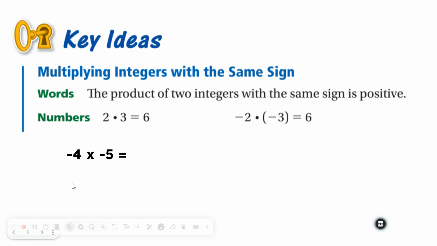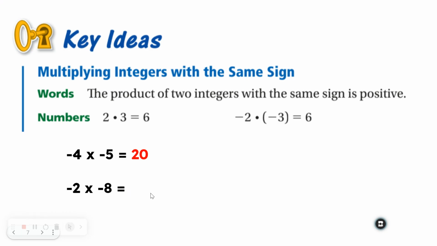Anytime we are doing multiplication and all of the numbers have the same sign, my answer will always be positive. If I have -4 times -5, I want to look at this as 4 times 5, and I'm going to make it positive. If we have -2 times -8, they both have the same sign.